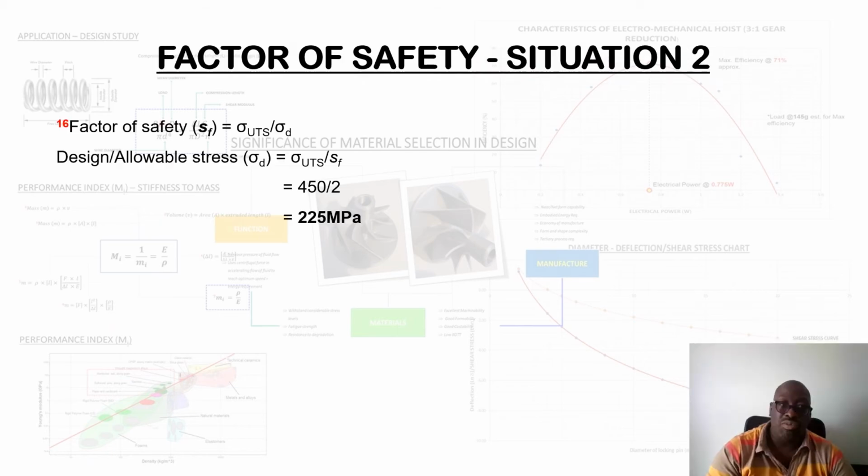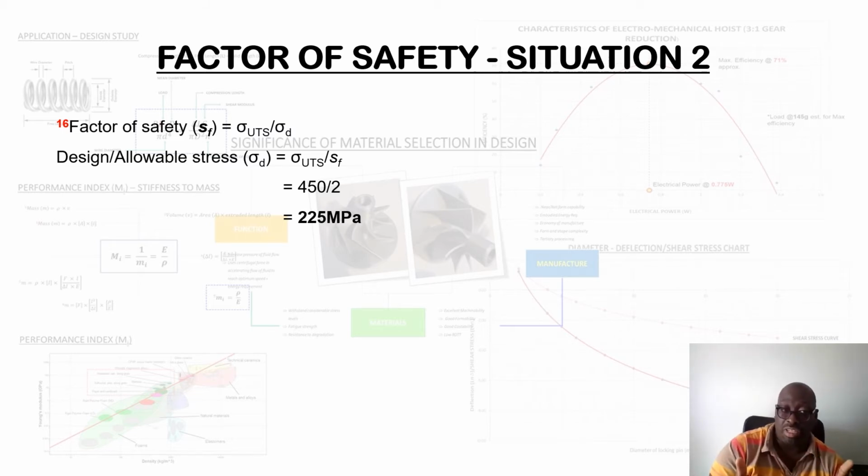So let's look at situation 2. This time we're going to work out the size of the bolt with respect to the UTS. So similar to what we did previously, safety factor is equal to the ratio of the failure limit to the allowable. In this concept, the failure limit is the UTS, so that's 450. And we're going to use that information to work out what the allowable design stress is in this context.